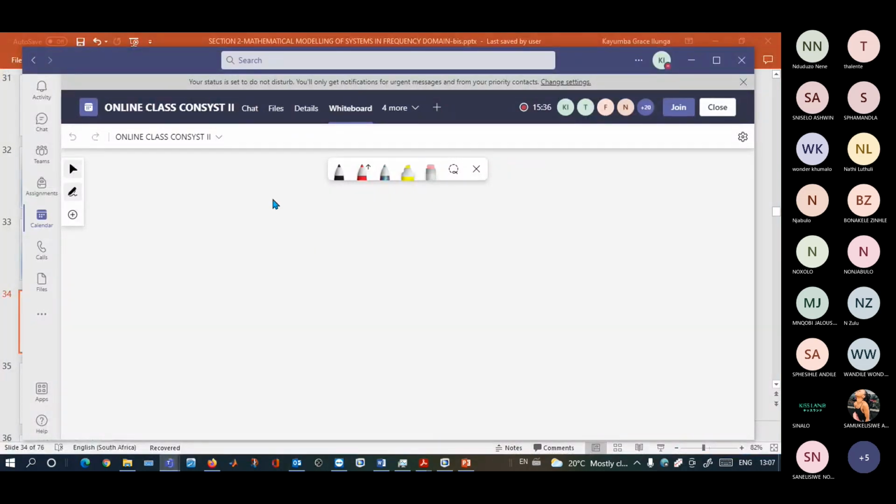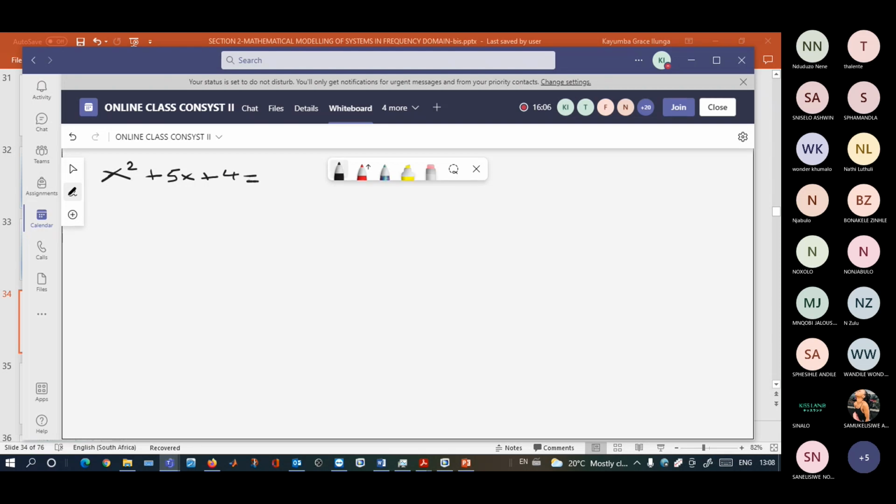Okay. I gave you a problem, if I remember, x square plus 5x plus 4 equal to 0.